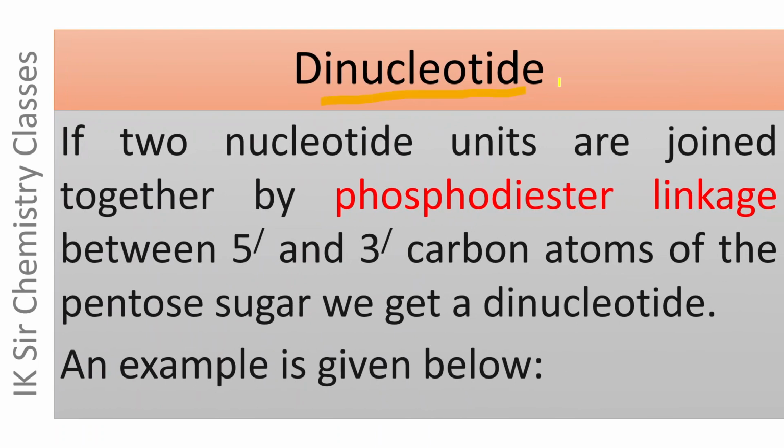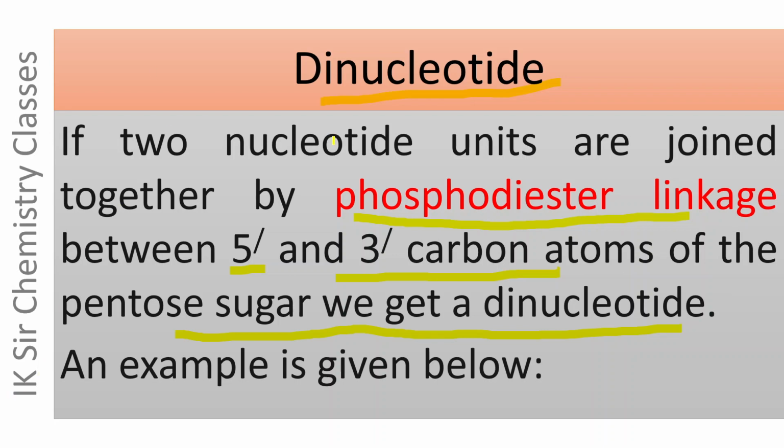Dinucleotide. If two nucleotide units are joined together by phosphodiester linkage between 5' and 3' carbon atoms of the pentose sugar, we get a dinucleotide. Let us see it again.